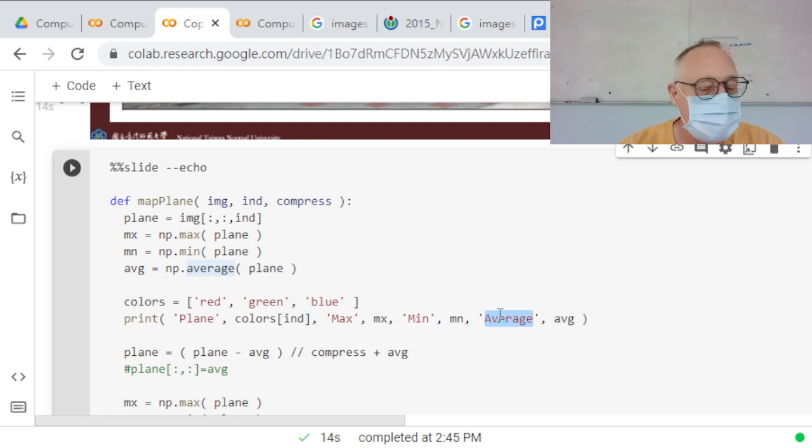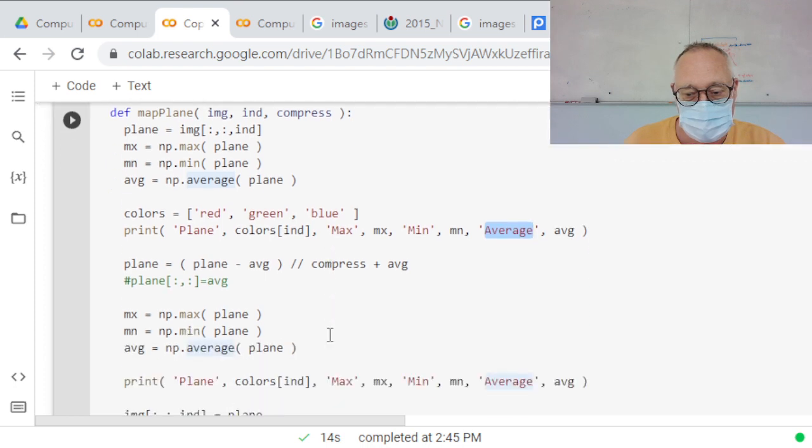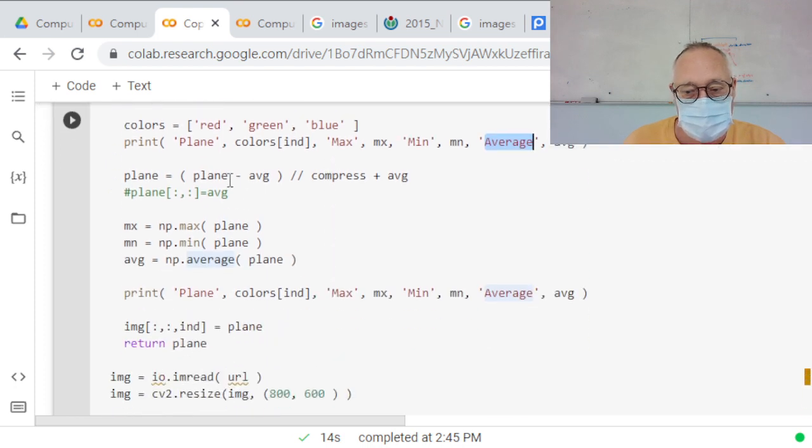Then I can do things like compress it, so that I can subtract the average. That would mean that the brightness of the three planes will be averaged.